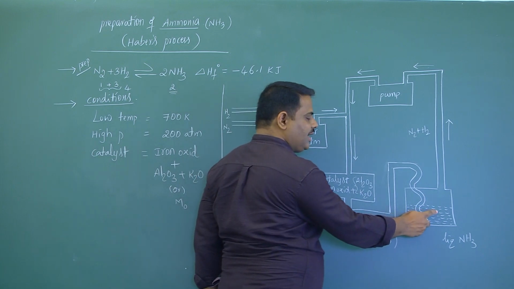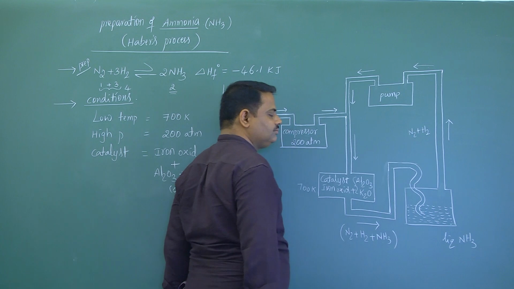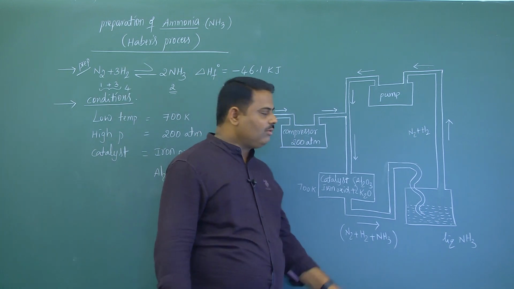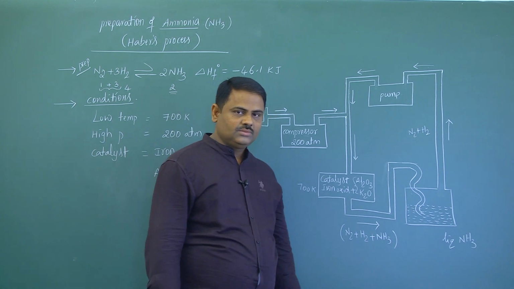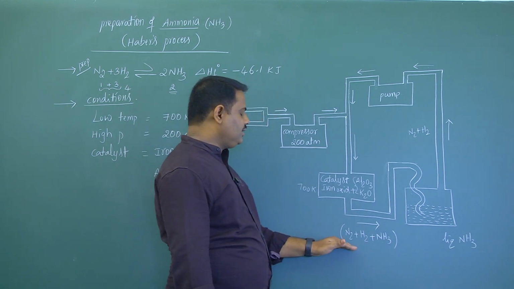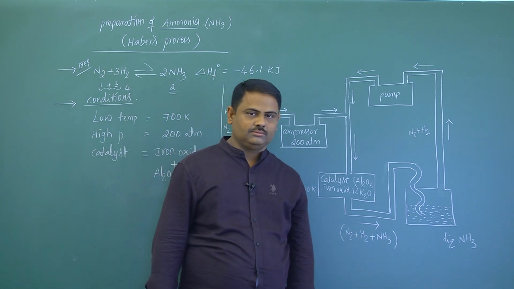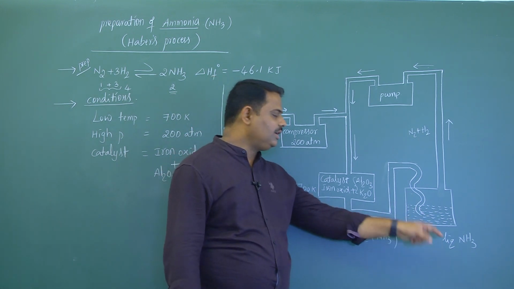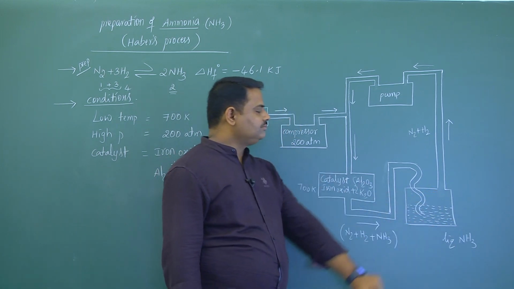Unreacted nitrogen and hydrogen gases enter this tube. Now here, what is the importance of the condenser? Here easily you can separate unreacted nitrogen and hydrogen gases. Then we can get pure ammonia here. Now finally we have got ammonia here.